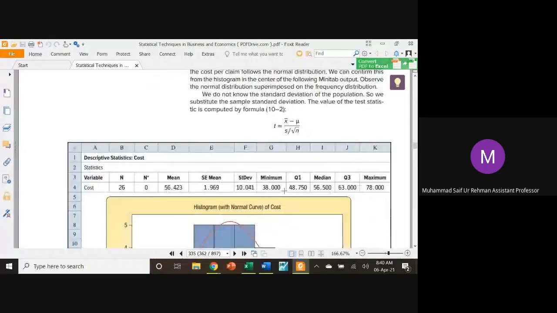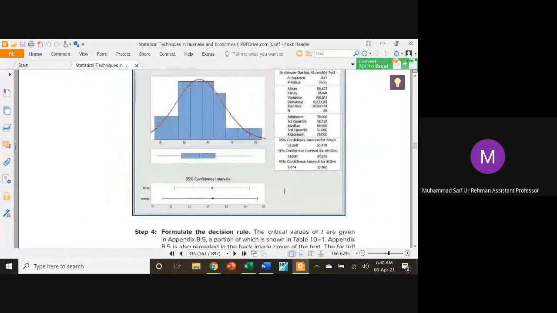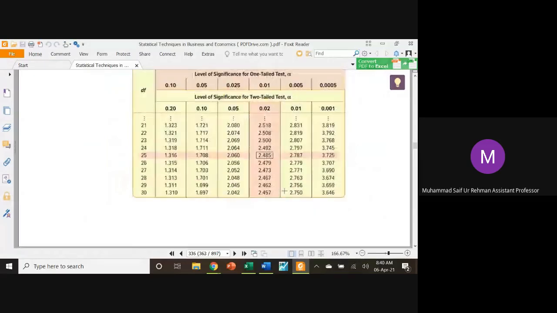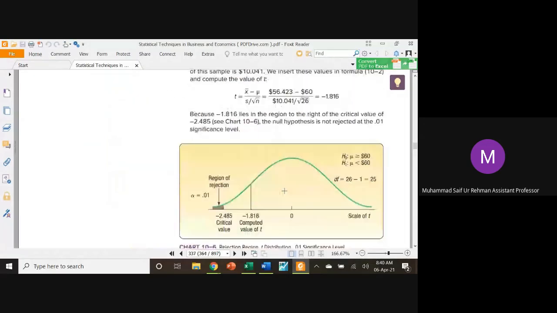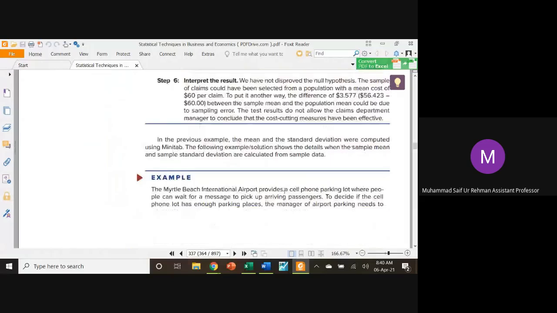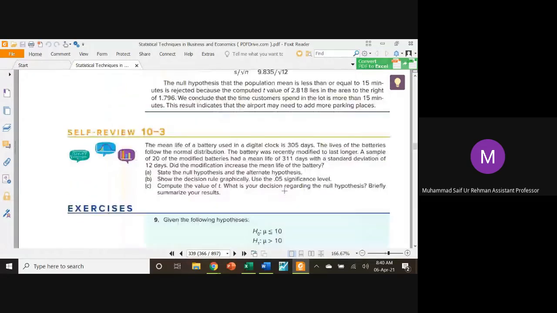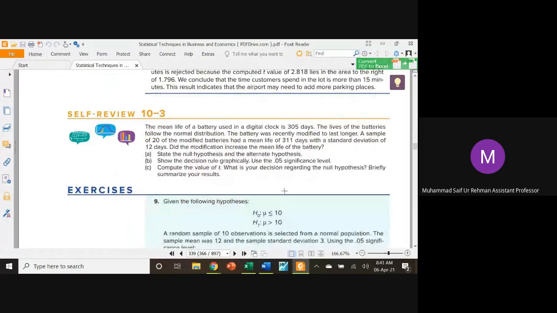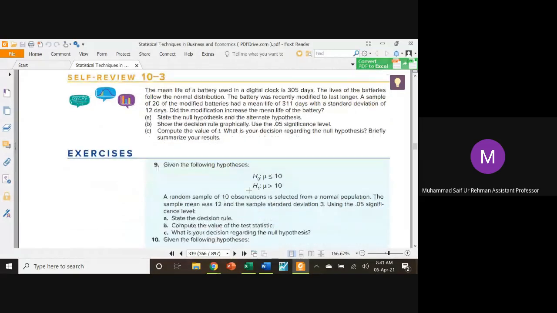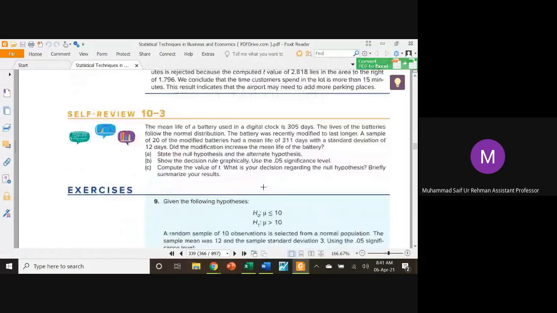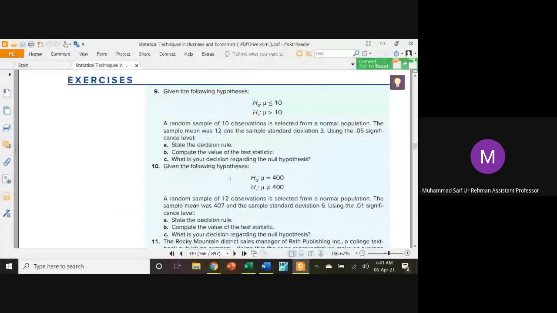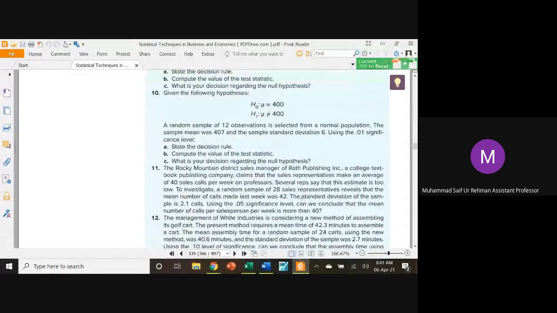I want to solve a few questions from the exercise so that you become able to solve the questions in the exercises. This is self-review. When I solve some questions from the exercise, you will be able to solve them yourself. So let us solve question number 11 of your book.